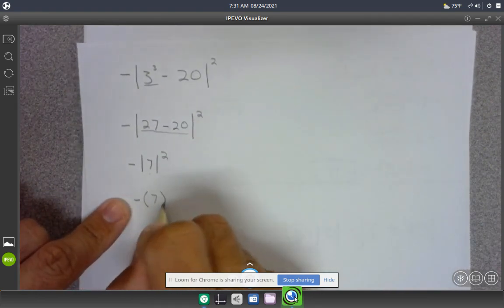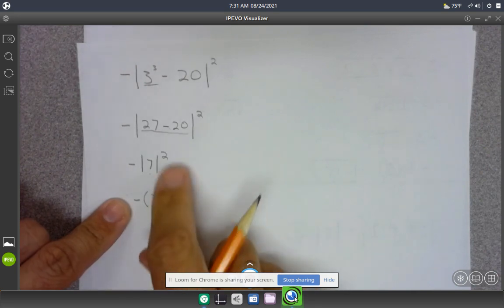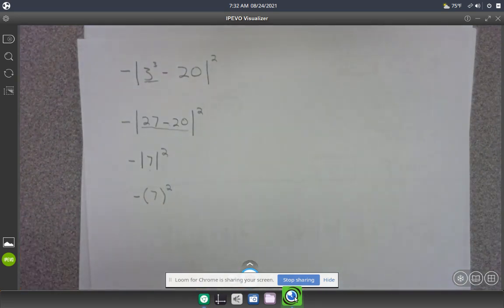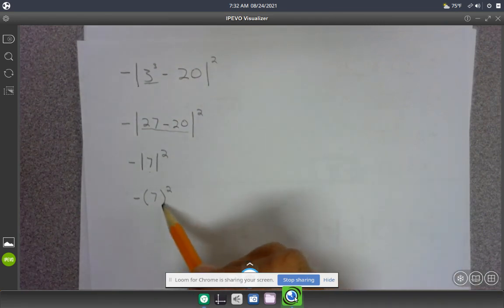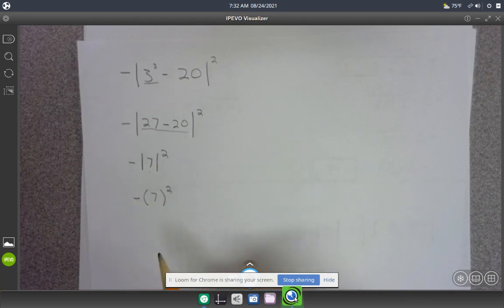I'll write it in parentheses here because I've got this exponent hanging out. You'll see it actually doesn't even matter. But now at this point, what do we do first? We got to do the exponent and then multiply by this negative 1 or tack on the negative. So this is going to be 49. So it's negative, and then you've got the 49.